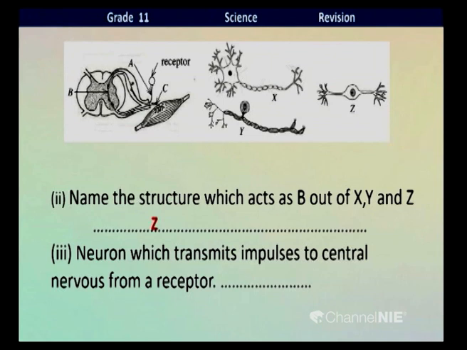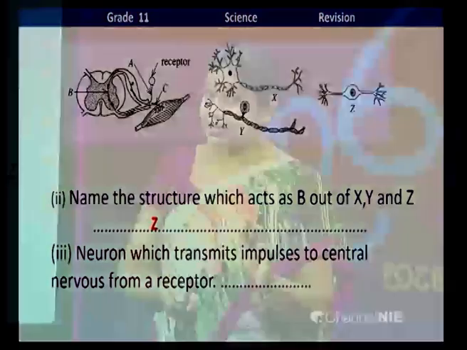Neuron which transmits impulses to the central nervous system from receptors. As I told you earlier, sensory neurons transmit impulses from receptors to the central nervous system. Therefore, you have to select sensory neuron out of X, Y, Z. Then sensory neuron is Y.